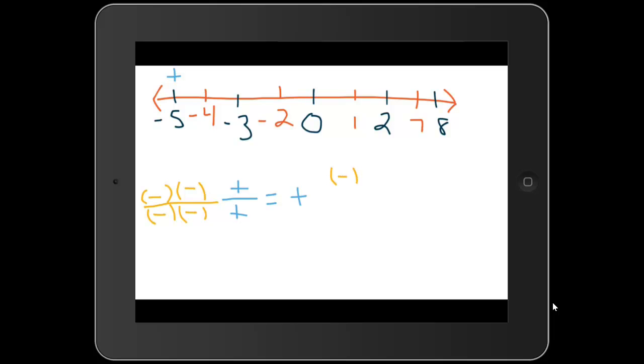So, good old negative sign. -3 minus 1 is -4. Another negative. That's all going to be over -3 minus 7. That's going to give you a -10. Good old negative sign. Then, -3 plus 4 equals a +1. Finally.